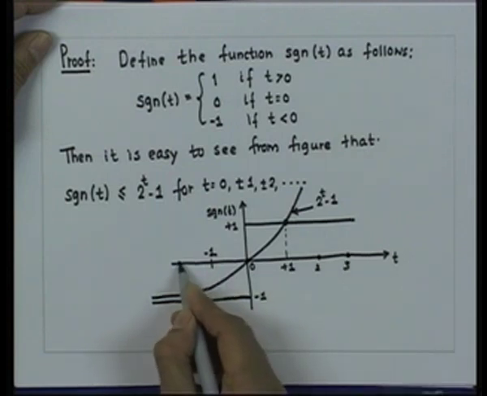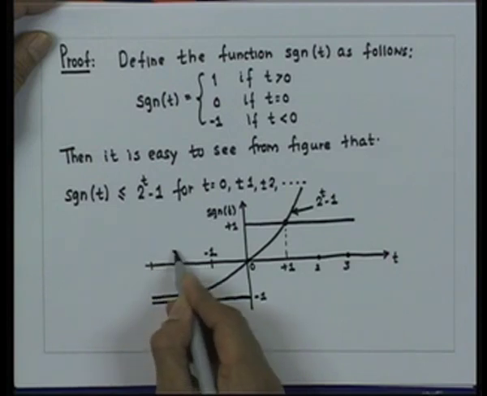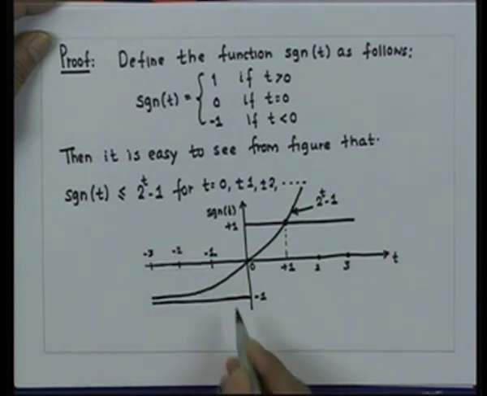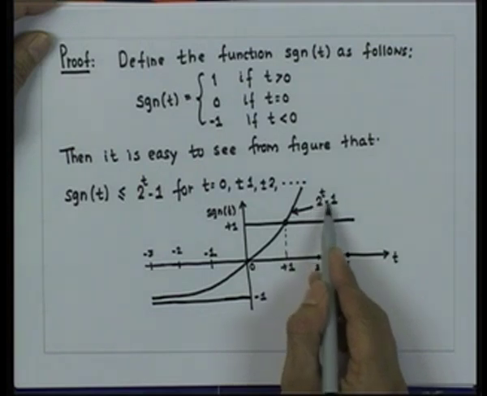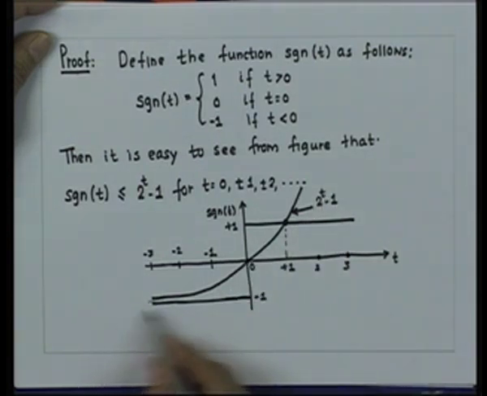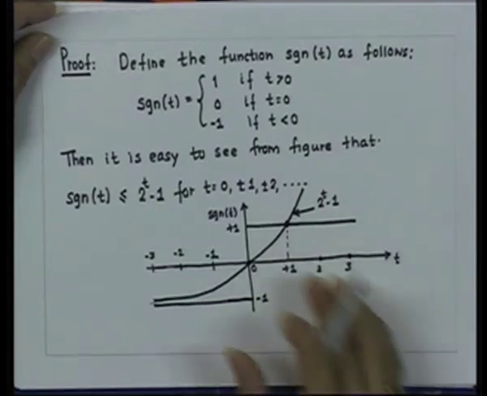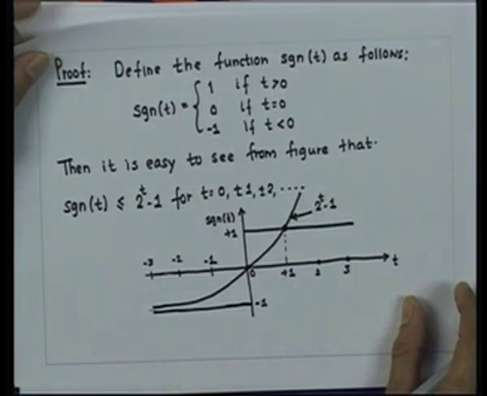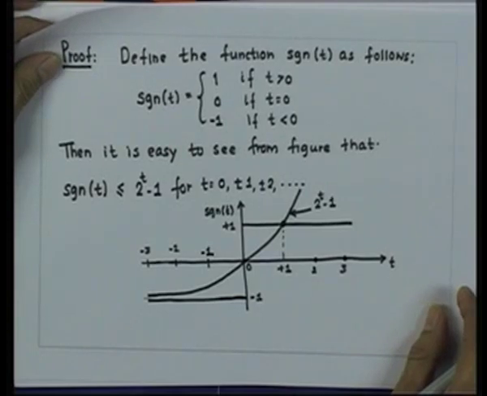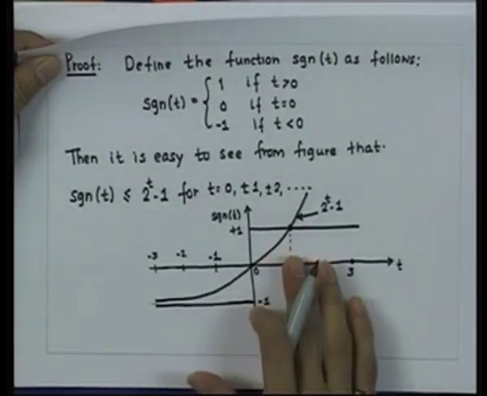And 2 raised to t minus 1, when t tends to negative, is bounded by minus 1. So, this result is always valid. Okay. Now, based on this result, we will try to prove the theorem. This is not valid for all t, but only for integer values of t.